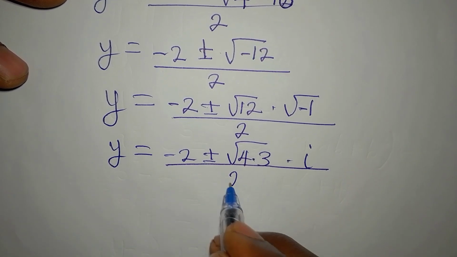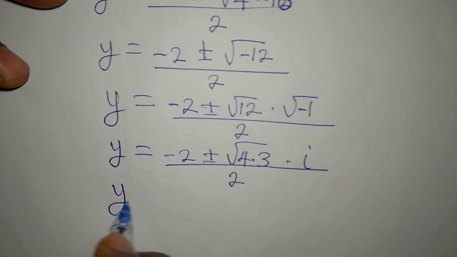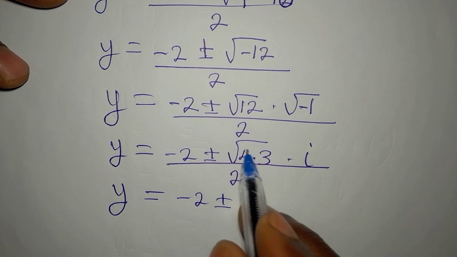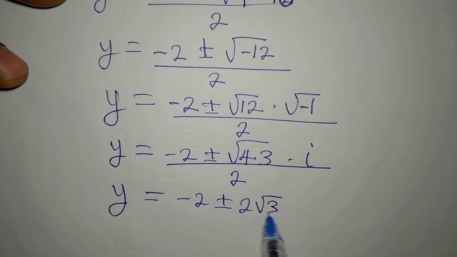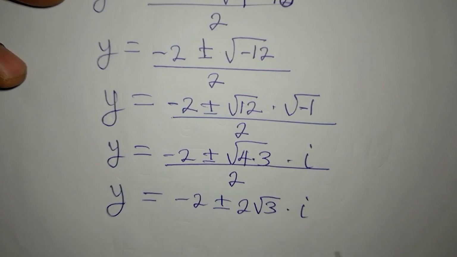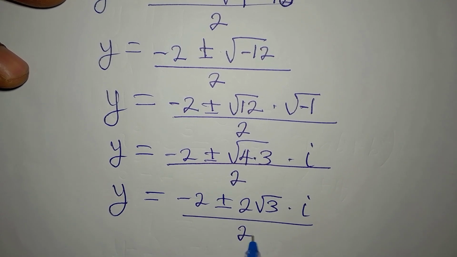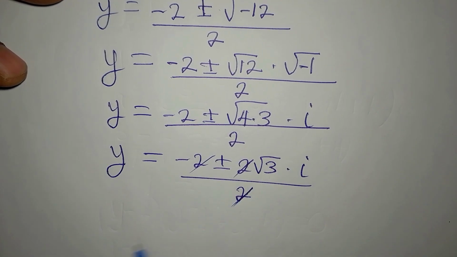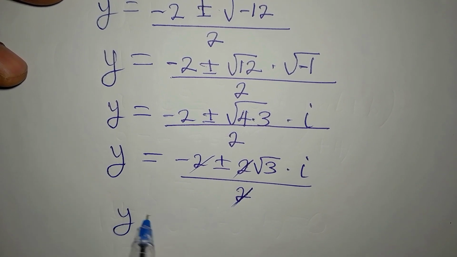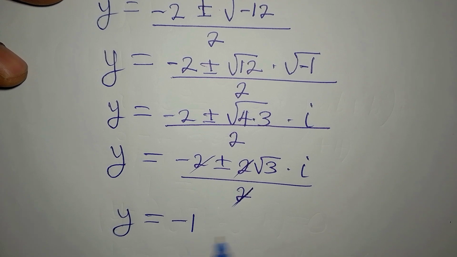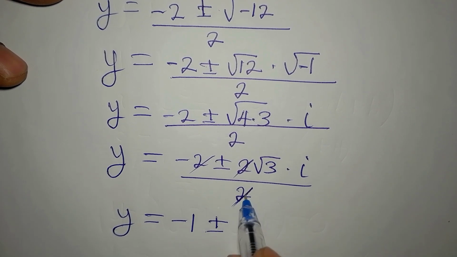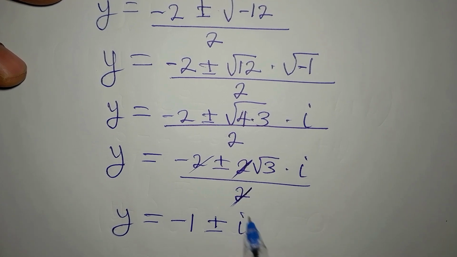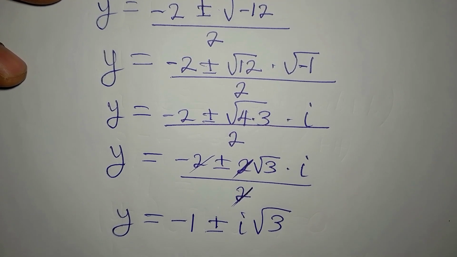This is divided by 2. So that our y will now be minus 2 plus or minus square root of 4 is 2, then we have root 3, then multiply by i over 2. By the way, 2 will go here, and the same 2 will go here. So y will now be minus 1 plus or minus 1 times i, which is i, then we write root 3.